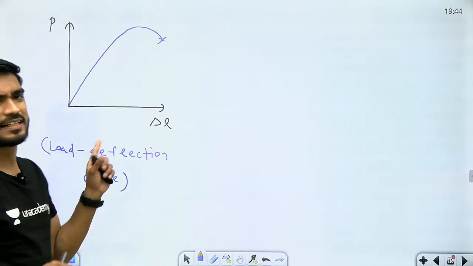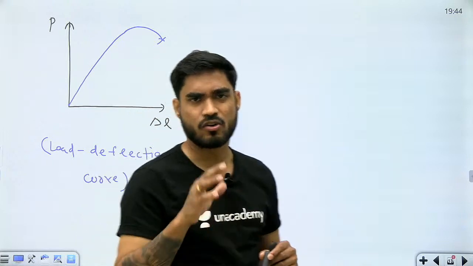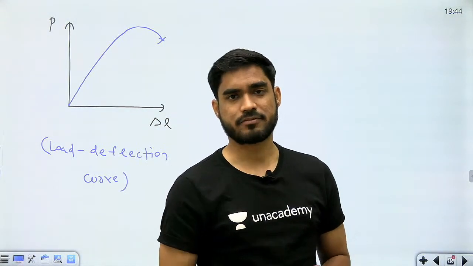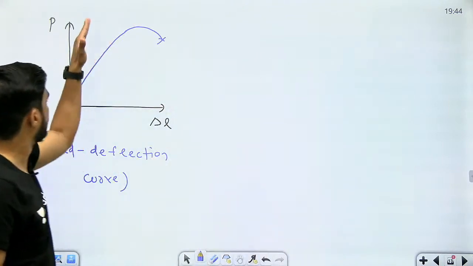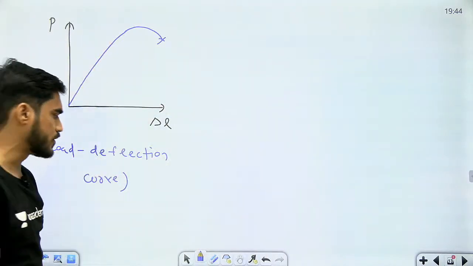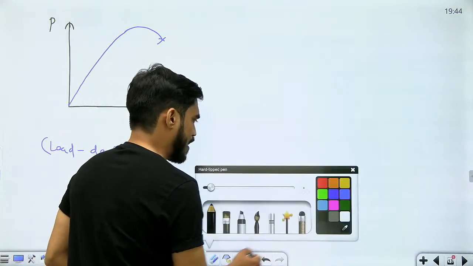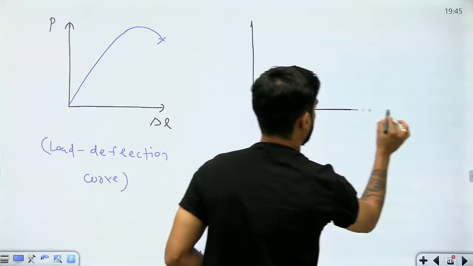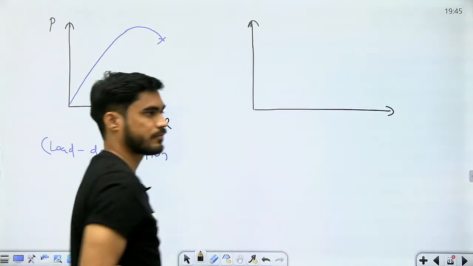But we are not interested in the load deflection curve. What we are interested in is the stress strain curve. So I will convert the load deflection curve into stress strain curve. Now how am I going to do it? How am I going to convert load deflection curve into stress strain curve?